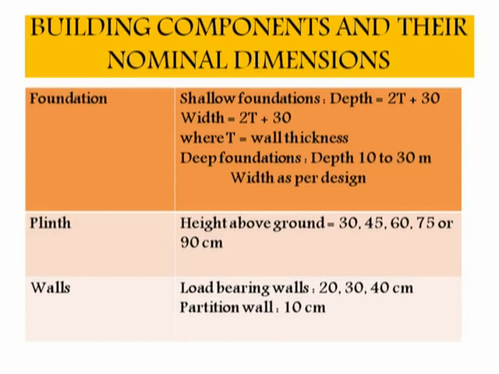The dimensions of the plinth are: height above the ground is 30 cm, 45 cm, 60 cm, 75 cm or 90 cm. In case of the 30 cm plinth height, there will be two risers of the steps, because we know that the size of the riser of the step is 15 cm.